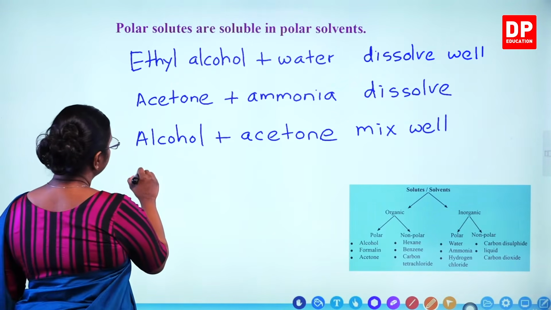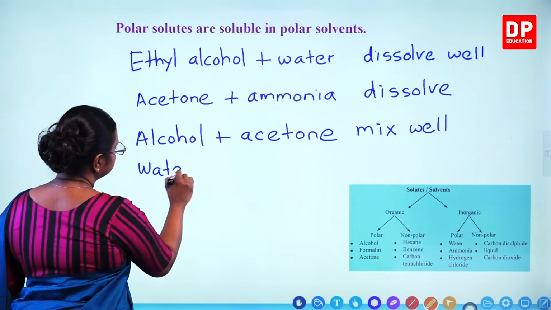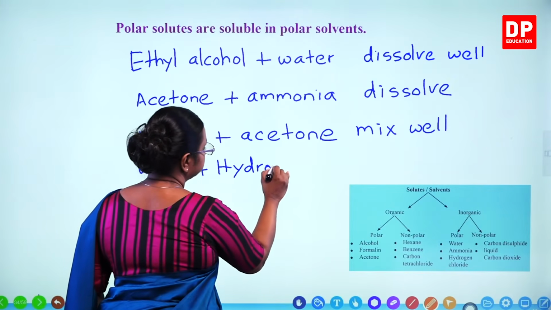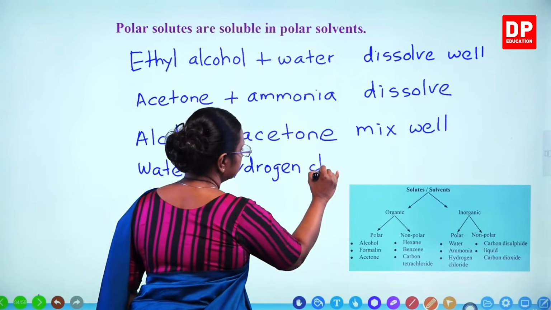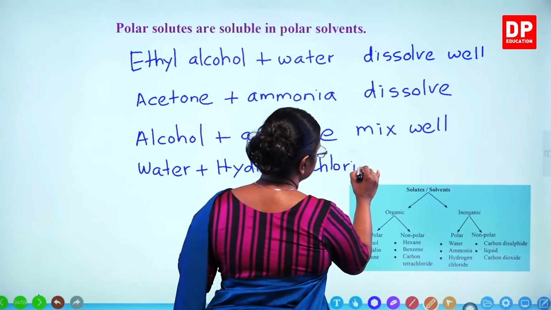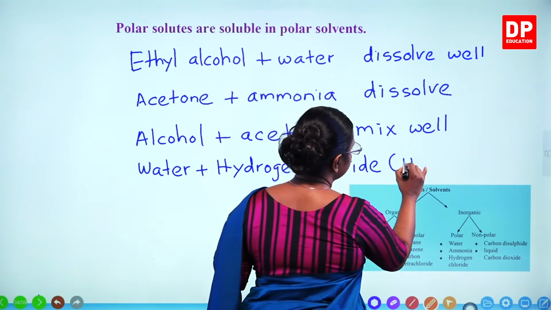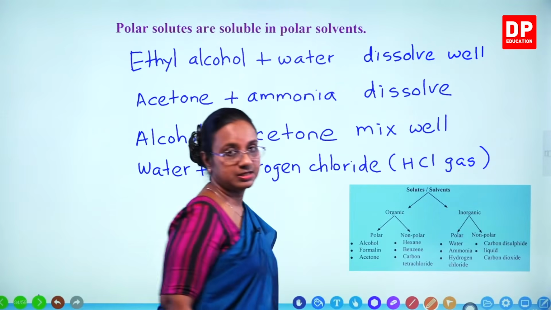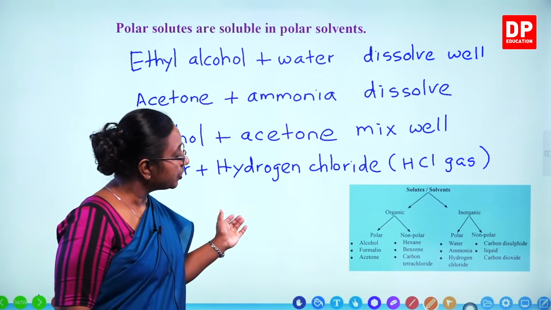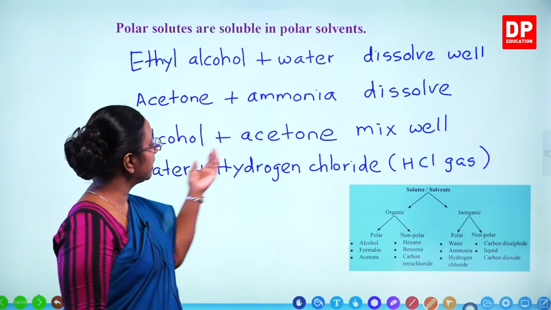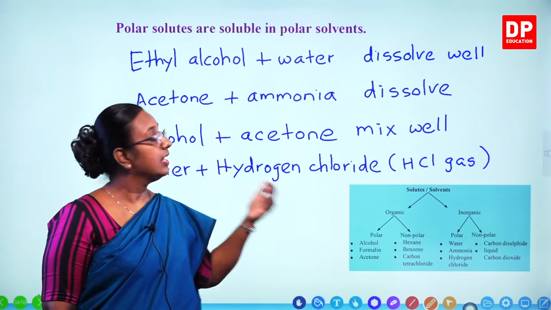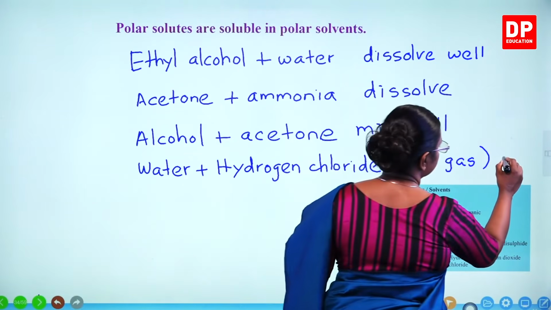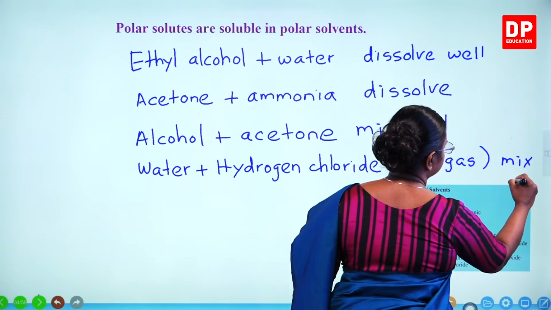So here water and hydrogen chloride, that is HCl in the form of gas. They are both polar substances, but they are inorganic. They mix well. So here this also mixes well.